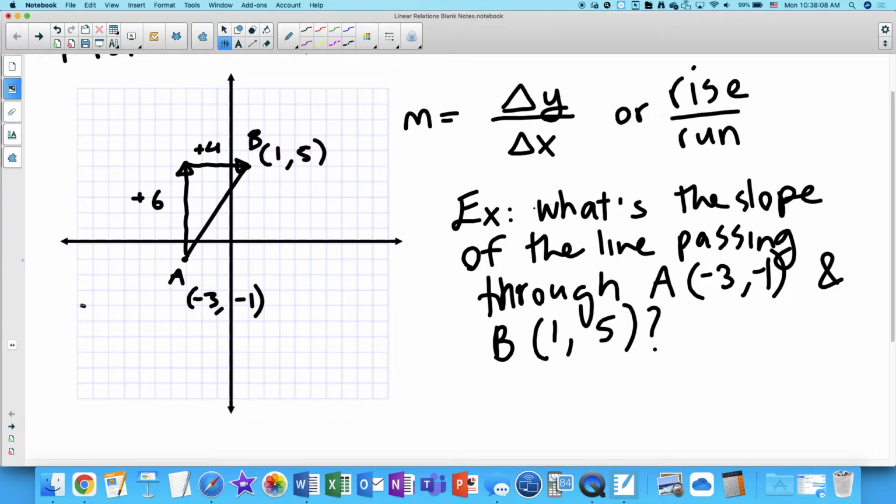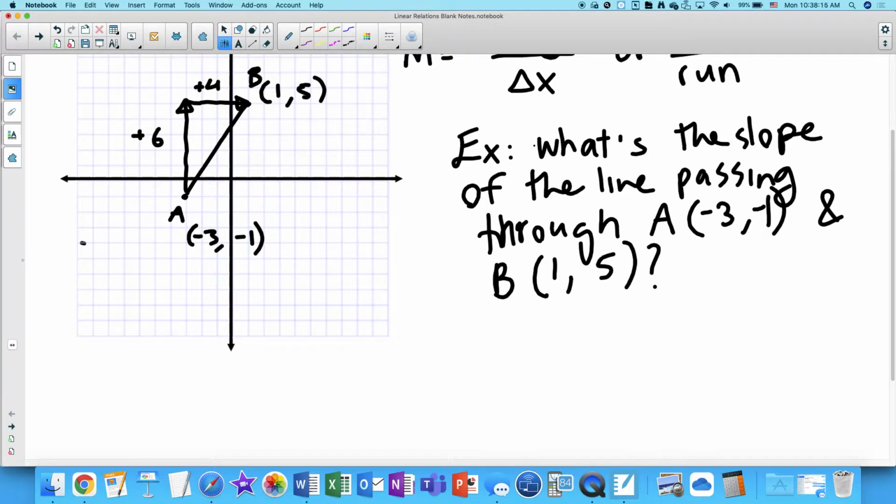Okay, so my slope, my rise over run, is going to be 6 over 4. Okay, and then we can reduce that to 3 over 2. Now let's say I didn't want to graph it though.